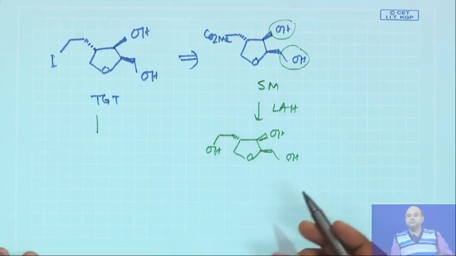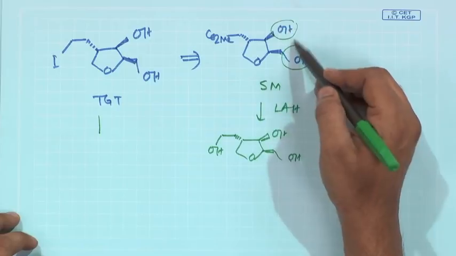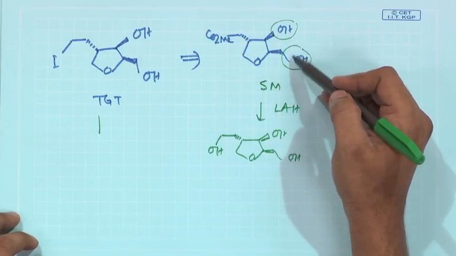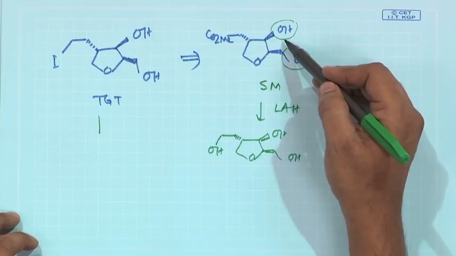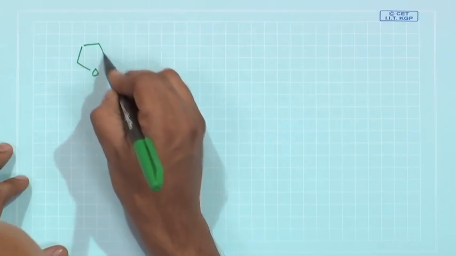The only solution you have is that in the initial part, you protect this primary and secondary by some selective protecting group and then do the reaction here. So, the solution I will now provide is based on something like this.